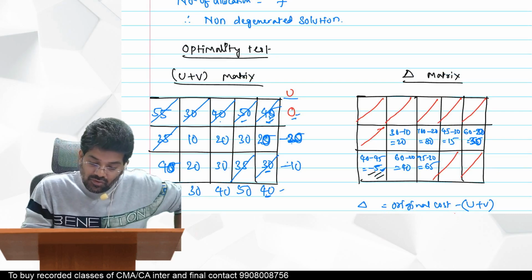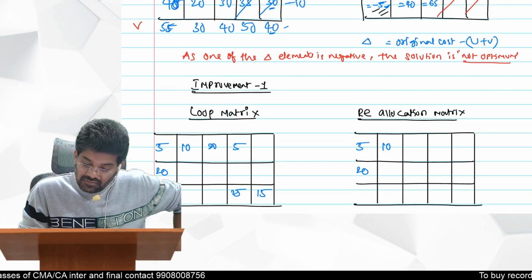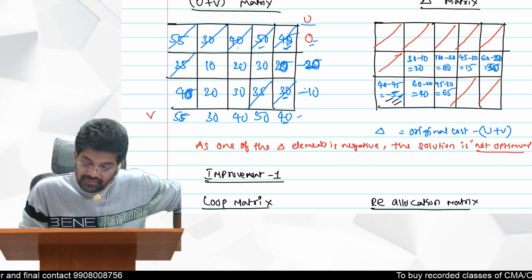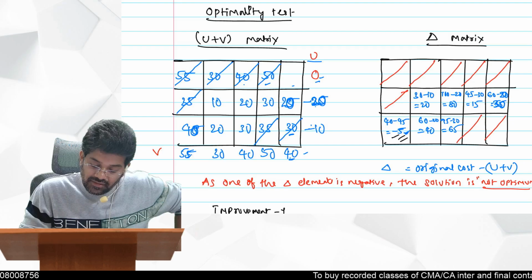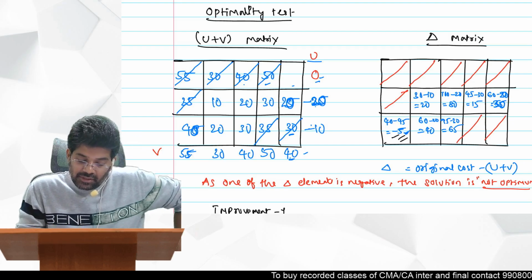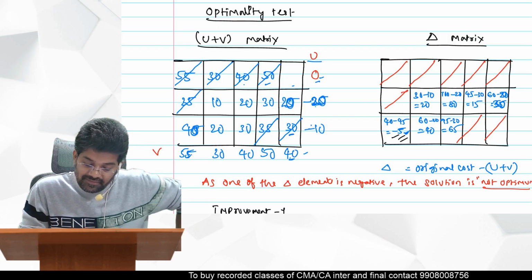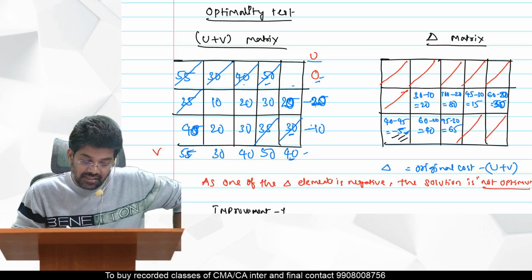In fact, there is no allocation done here. Okay, so what happened is, there is no allocation only here. There is no allocation in that cell only. Right, yes.